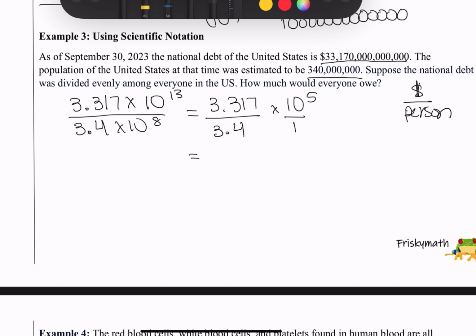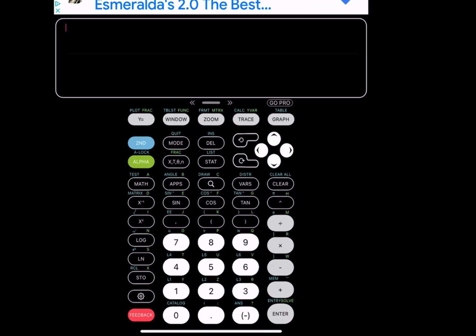How about I use 3 of those 5 zeros to move my decimal 3 places to the right, so it's after the 7, and then I'll just need 2 more zeros. So 3, 3, 1, 7, and then 2 more over 3.4. Now this becomes a really, really easy problem where I'm just going to take these two numbers and divide them in my calculator. So I'm going to take the 3.317 followed by 2 zeros and divide it by 3.4.